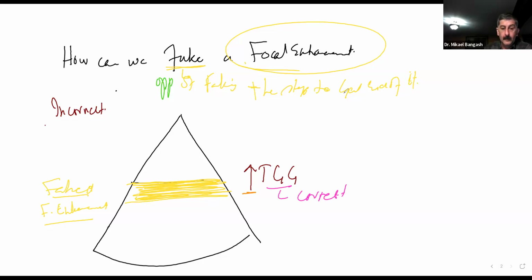It is mainly done by reducing the time gain compensation at this depth here. Did you guys get that? Yeah.